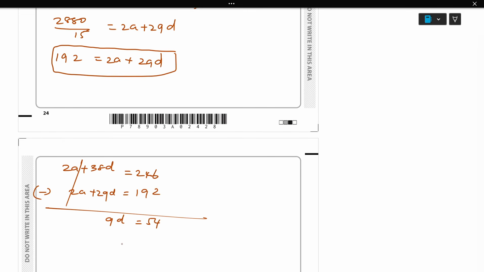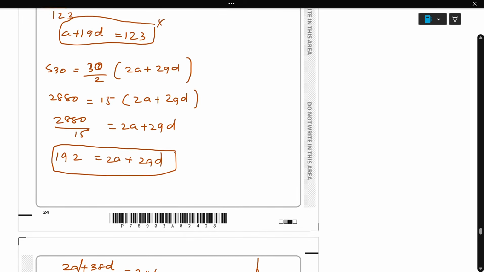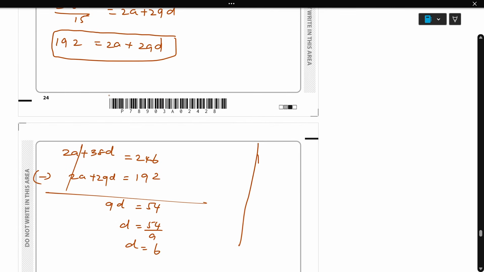The second equation I'll write as it is: 2a plus 29d equals 192. Now I'll subtract both equations. 2a minus 2a is 0. 38 minus 29 is 9d, equals 246 minus 192, which is 54. So d equals 54 over 9, so d equals 6.